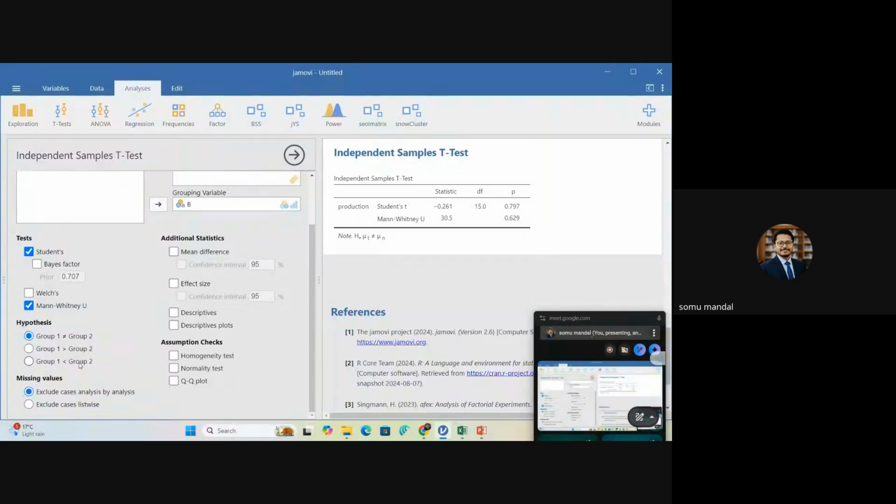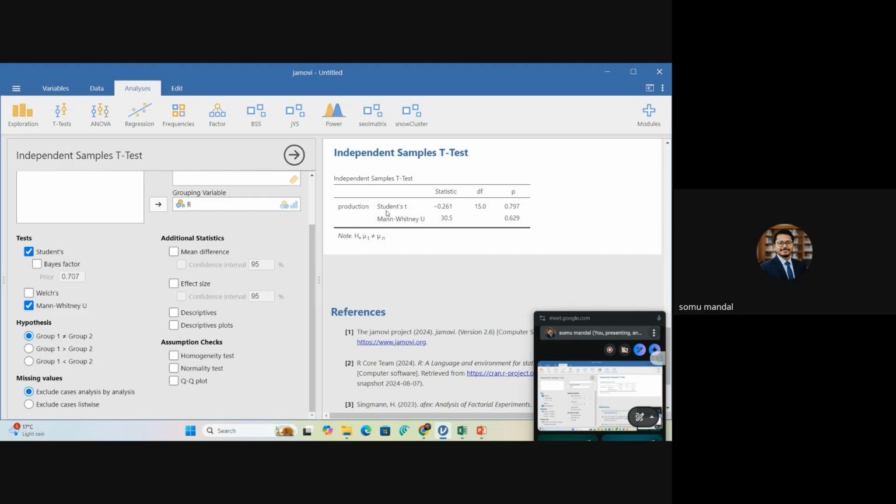If it is less, then we select group 1 less than group 2. That's why in my lecture I started with hypothesis testing, because without the fundamental knowledge of hypothesis testing, you can never interpret the data set or select the appropriate, suitable test.